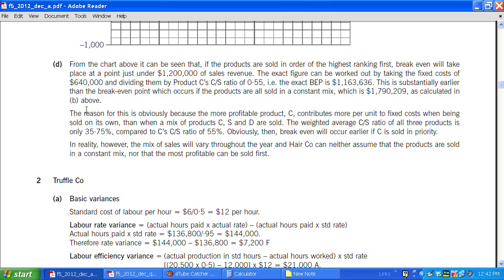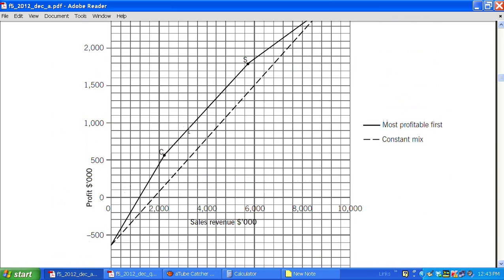Then the reason for this is because C has a higher contribution sales ratio, which is exactly what they're saying here. The weighted average is 35.75%, but the CS ratio is 55% for product C. So we've gone through the question.